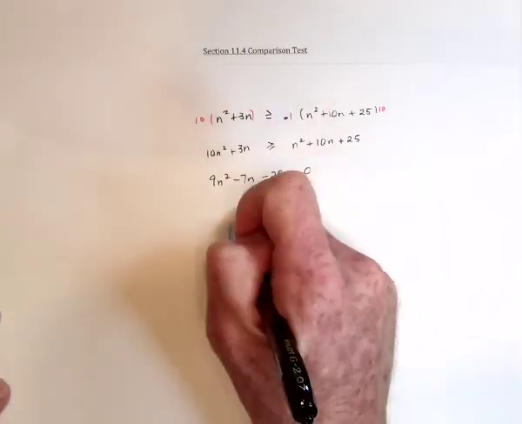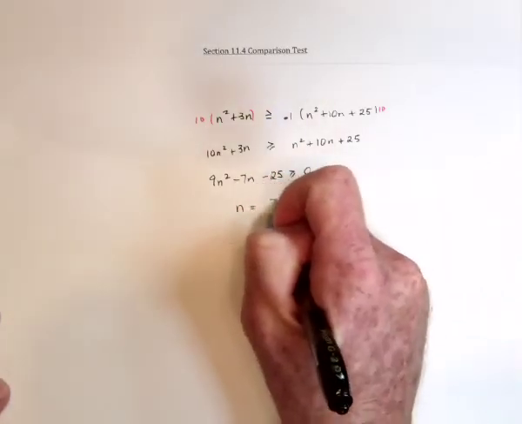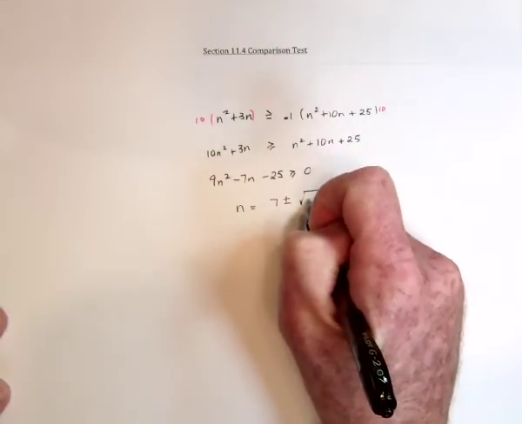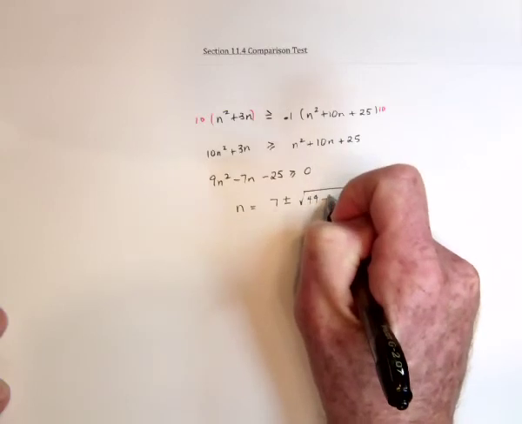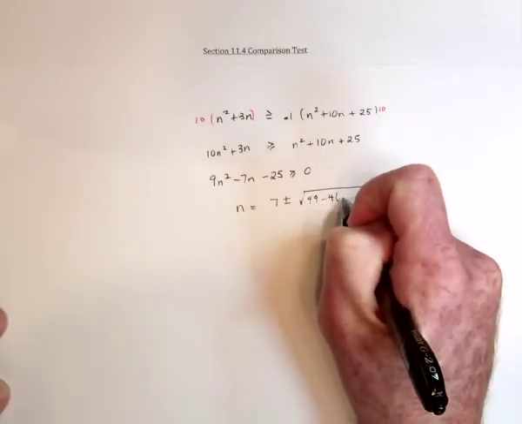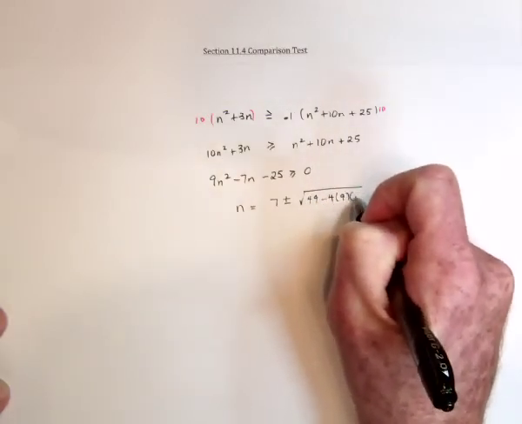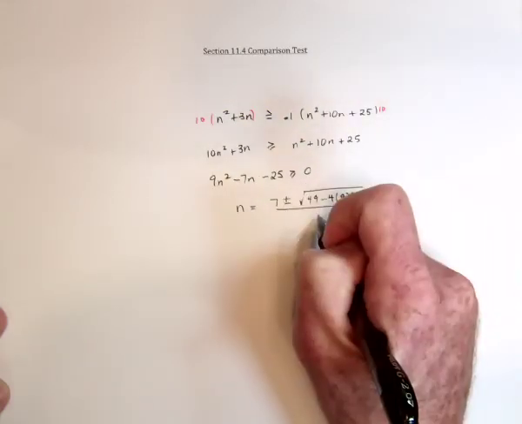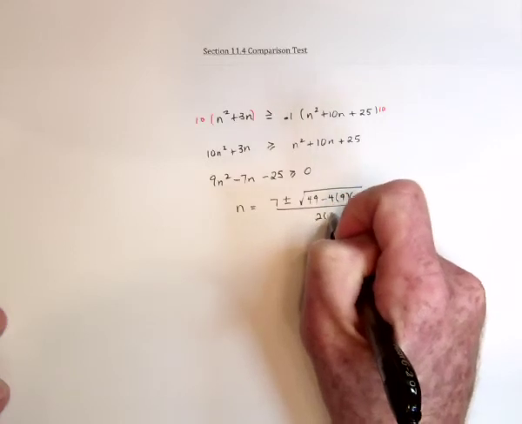So quadratic formula, n is going to be negative b plus or minus the square root of b squared, so that's going to be 49, minus 4 times a times c, and then divided by 2 times a.